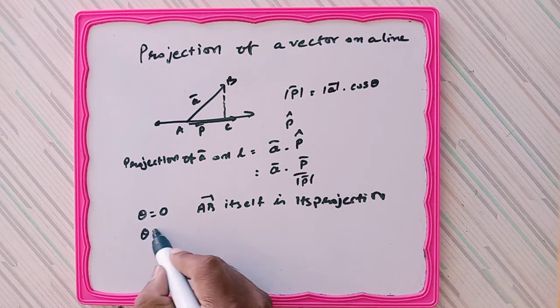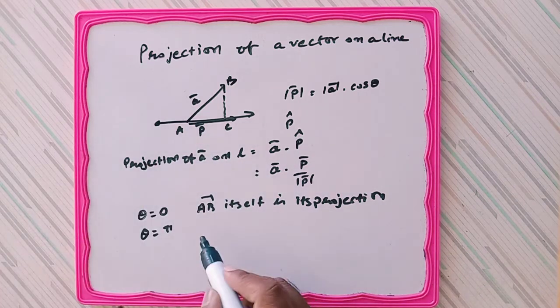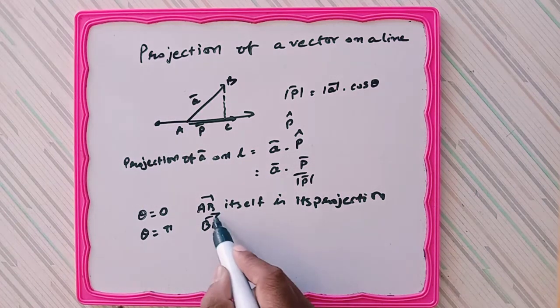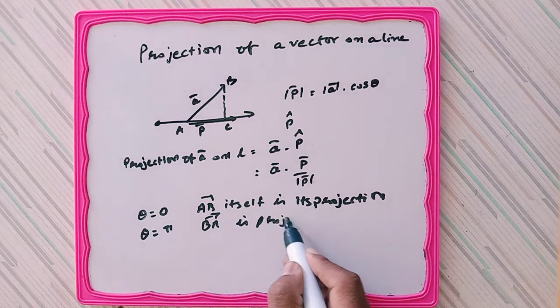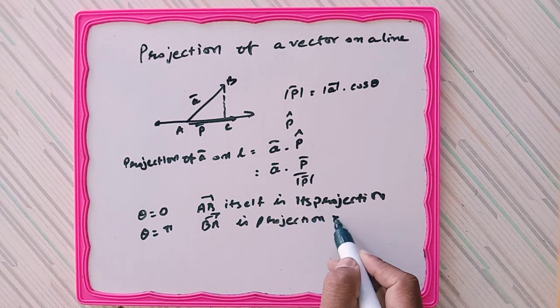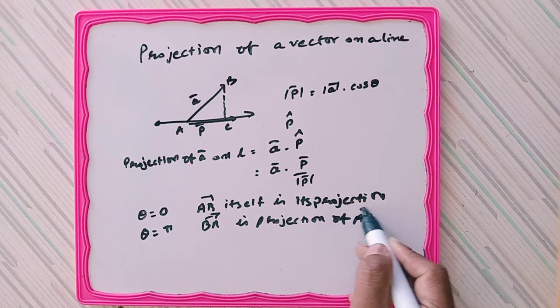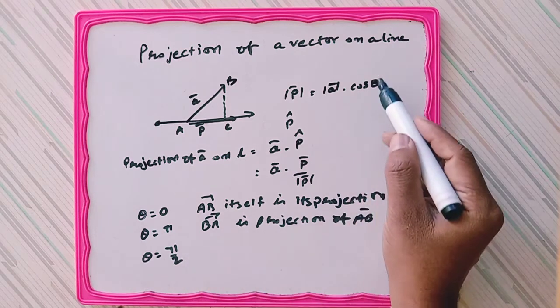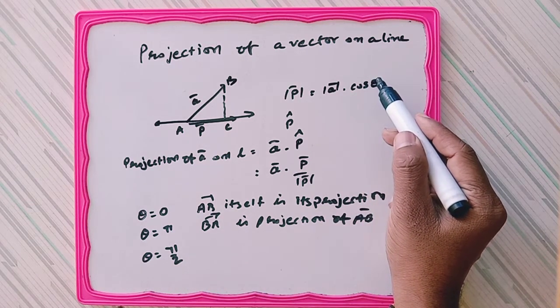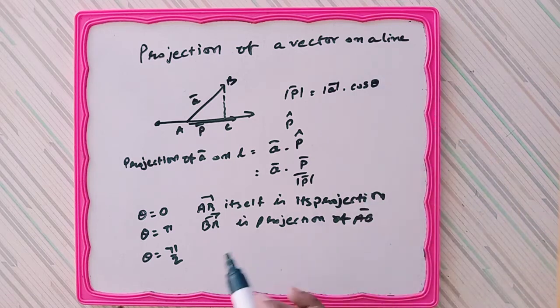And if theta equals pi, we take it in the opposite direction, then BA will be the projection of AB. Also if we take theta equals pi by 2, then cos pi by 2 will be 0, and so the projection of AB will be a zero vector.